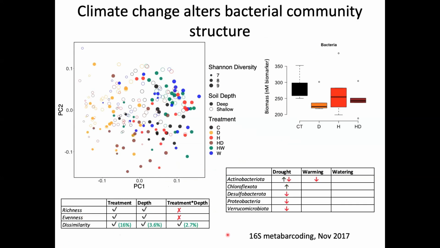And here we see evidence from metabarcoding, 16S metabarcoding. Samples for this analysis were taken in November 2017. Just to note that that is outside of the drought treatment. So these results are legacy effects of the drought treatment. They would represent legacy effects of the watering treatment, but the samples were taken during the warming treatment.